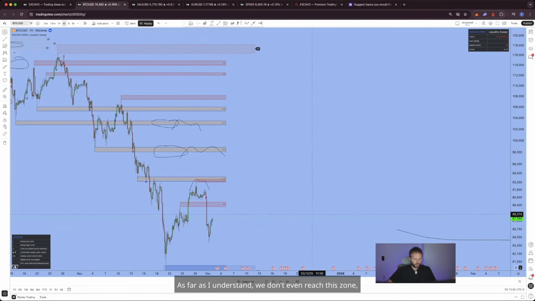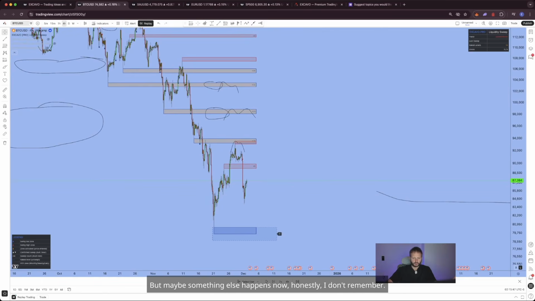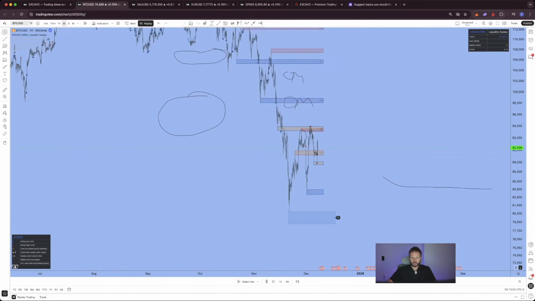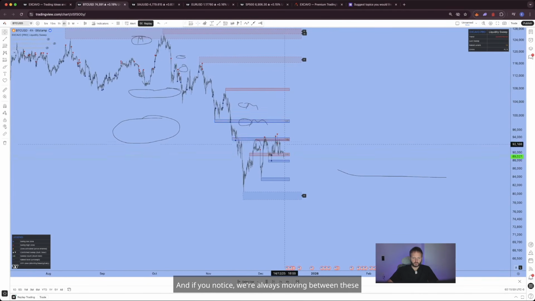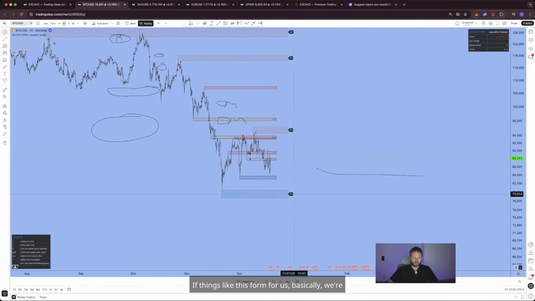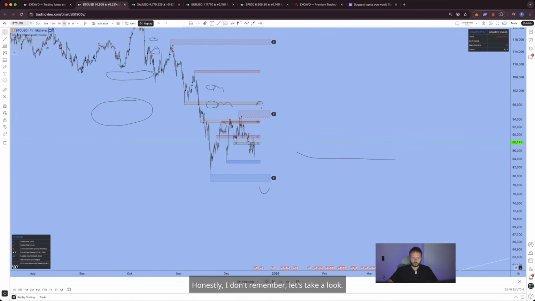As far as I understand, we don't even reach this zone, but we're close to it. But maybe something else happens now. Honestly, I don't remember. But we did reach it after all, and after that we went again once more. And if you notice, we're always moving between these zones. That's where things form for us. If things like this form for us, basically, we're hunting for them. That is these kinds of daily liquidity sweeps. So here we have a magnet, and here we have a magnet, meaning we have 43 here. It's possible we might even get there. Honestly, I don't remember. Let's take a look.